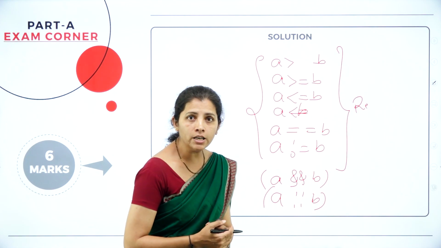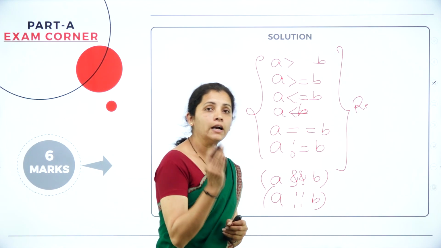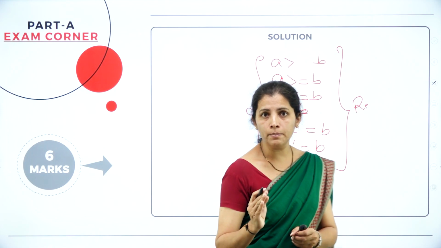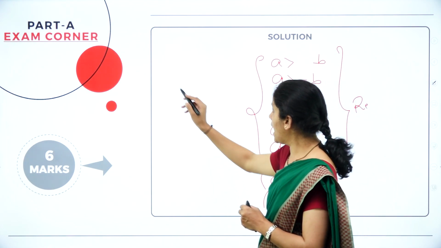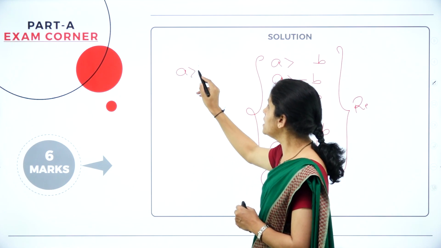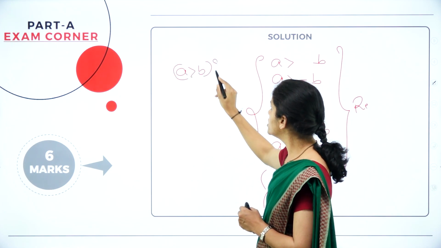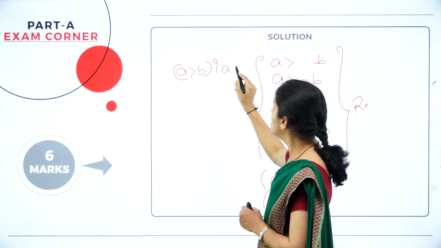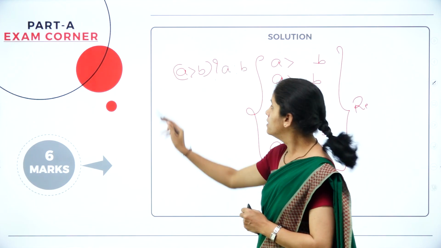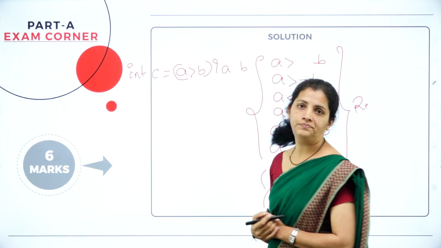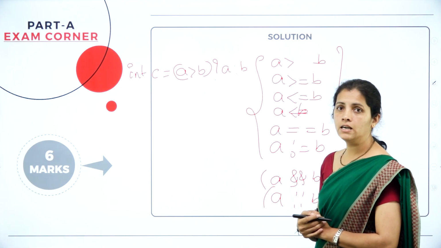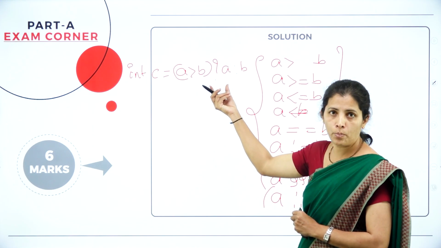Then what about conditional operators? Here conditional operators are nothing but the ternary operators. If I have A greater than B, question mark, A colon B, int C. See here, this is the conditional operator.